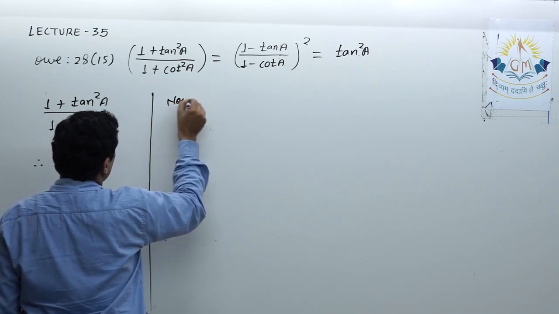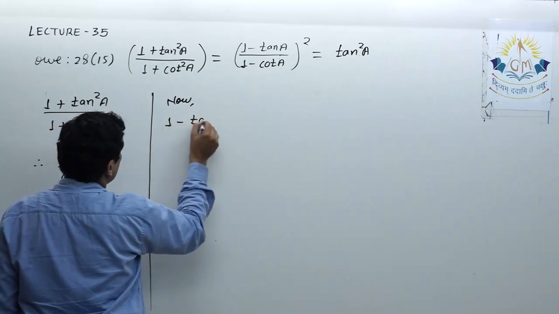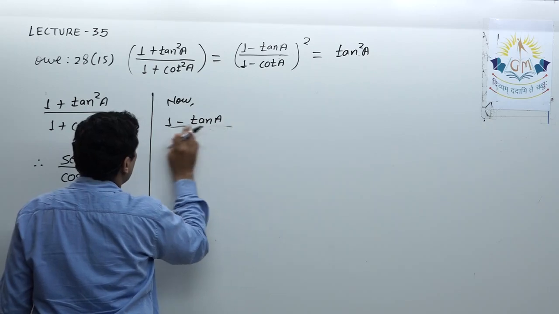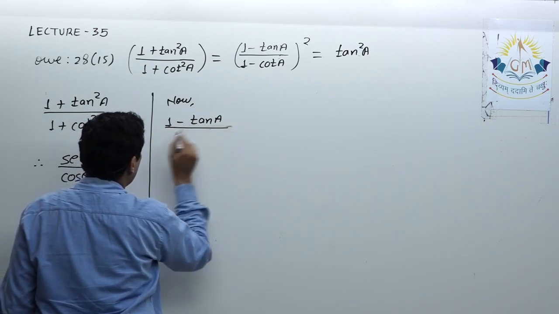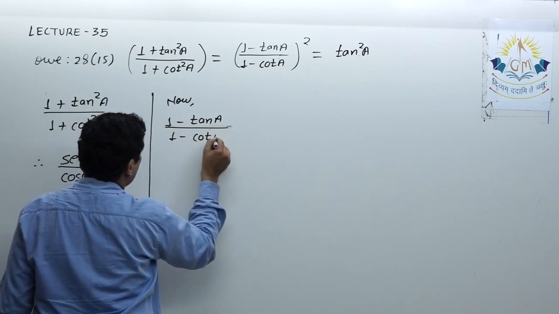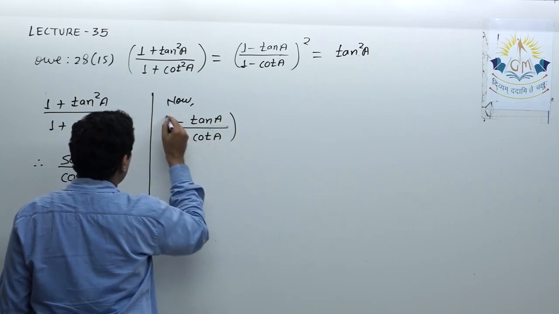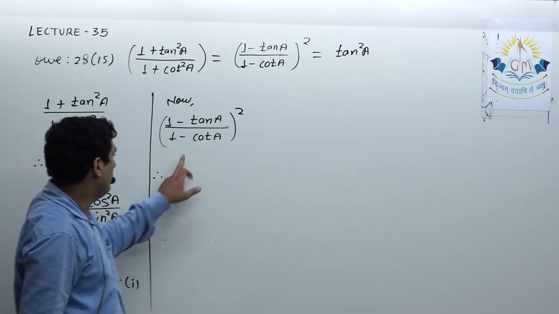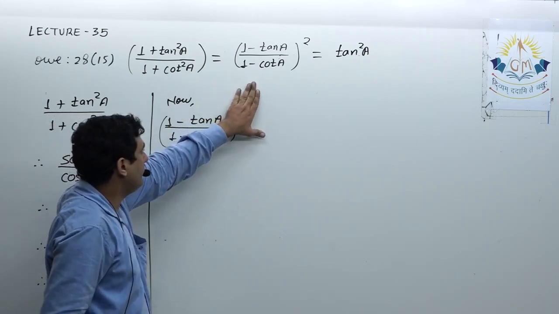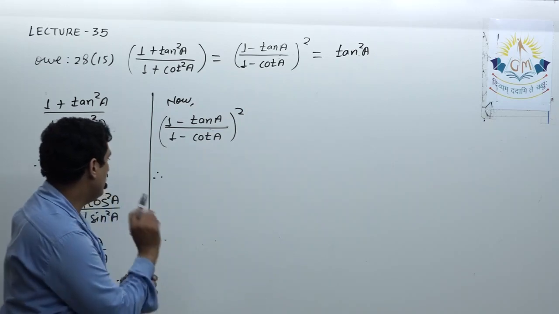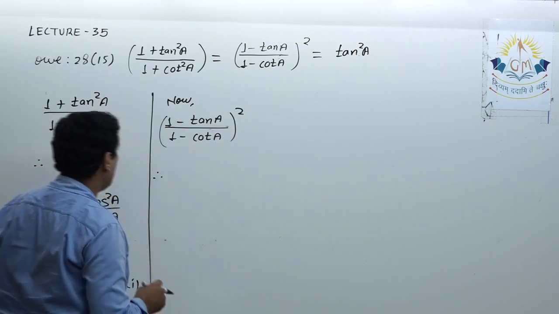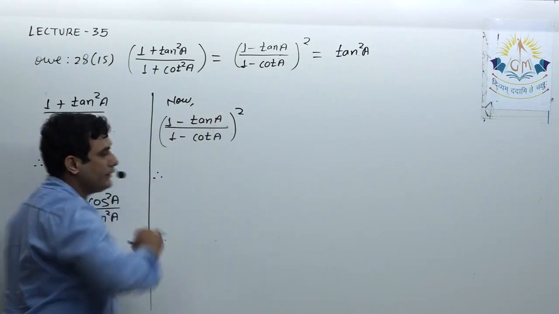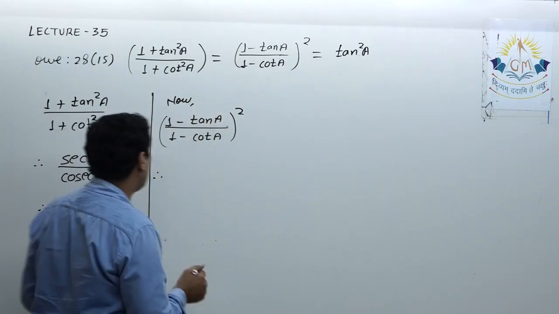Now 1 minus tan A upon 1 minus cot A whole square. It is advised that we convert the trigonometric ratios into sine and cos.